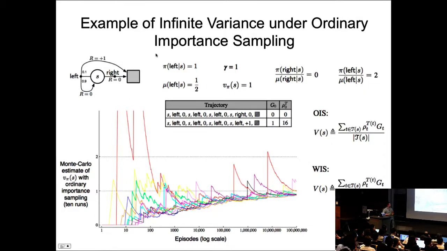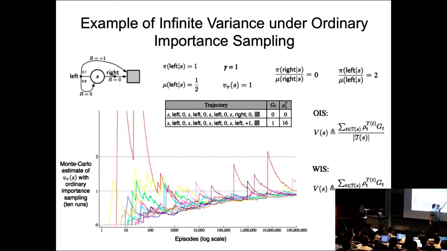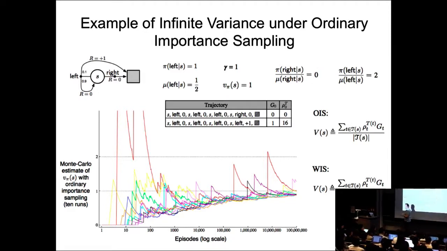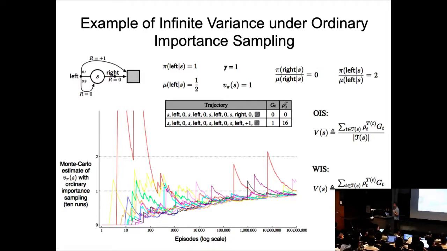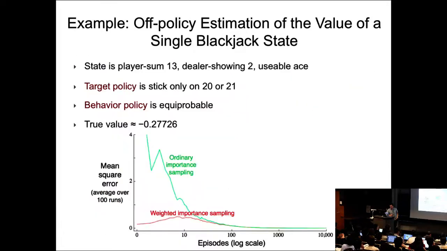But what I want to point out here is that in many cases, you can see that you have this bizarre behavior. So it's very hard to do proper evaluation of the policy, right? Because once in a while you hit these high numbers and it's very unstable, even after 100,000 iterations. Even on the log scale, it basically doesn't converge. Okay?